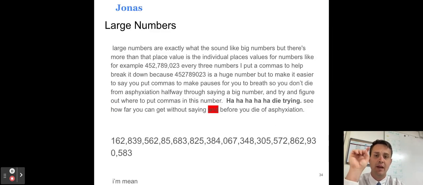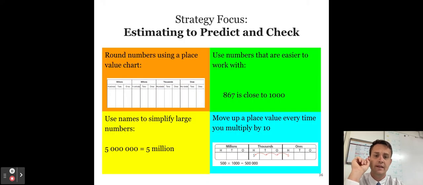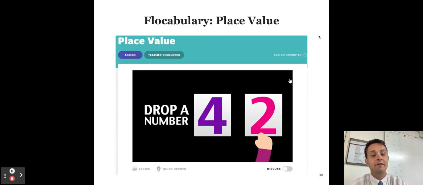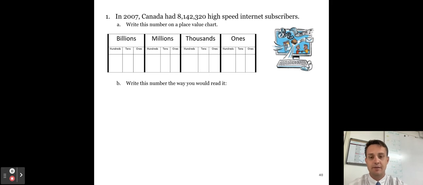There's some slides from past years, some explanation. This is all student work. Look at that. That's super fancy. Okay, some strategy focus on rounding and using numbers that are easier to work with, and simplifying using names, moving up in the place value every time you multiply by 10. Here's a place value chart if you want to print that off. Flocabulary has an awesome video. Here's another view of the example we used. Here's some more questions.